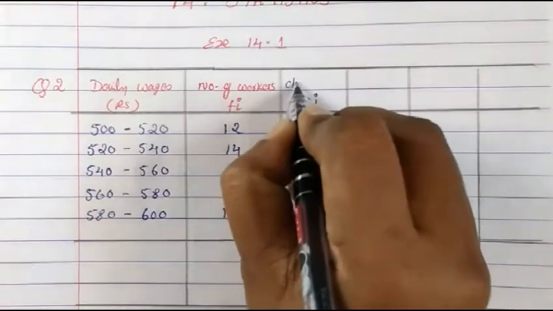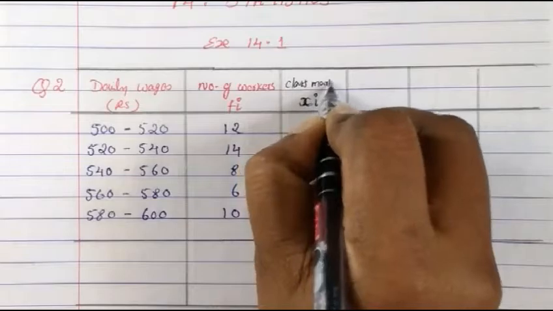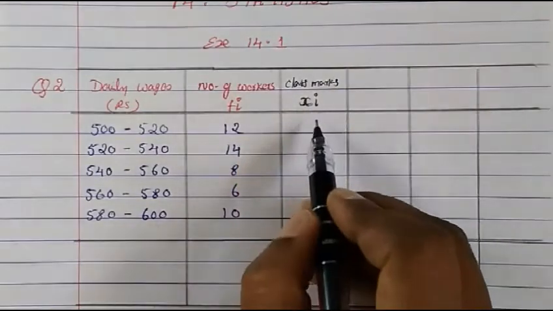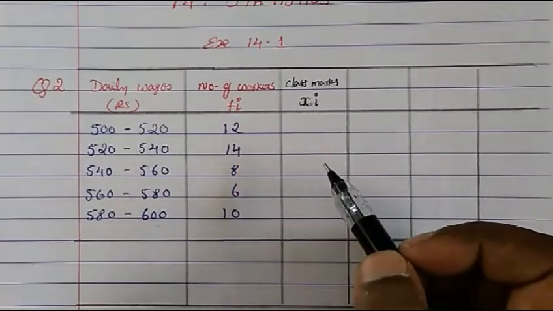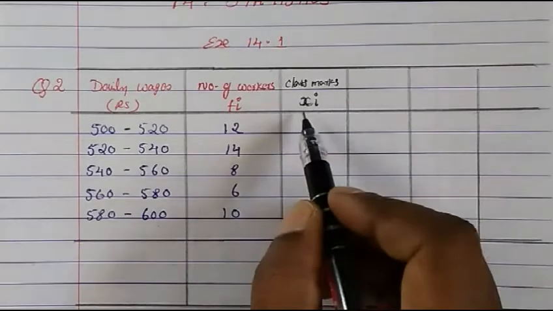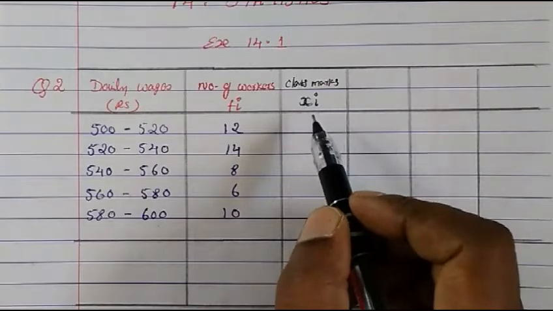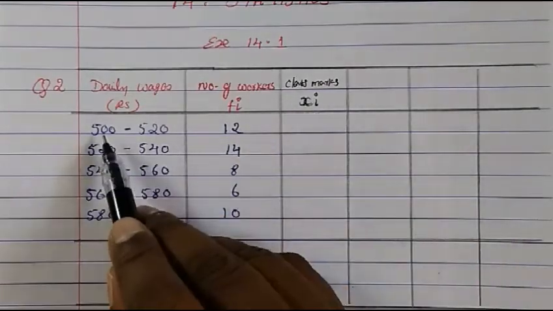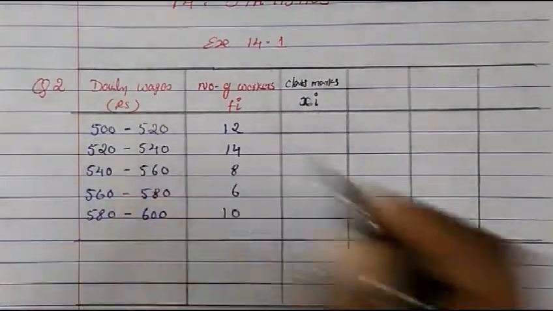xi is actually the class mark. How to find it? In the introduction part, when I explained the direct method, I told you how to find xi by a shortcut. We have an upper limit and a lower limit.